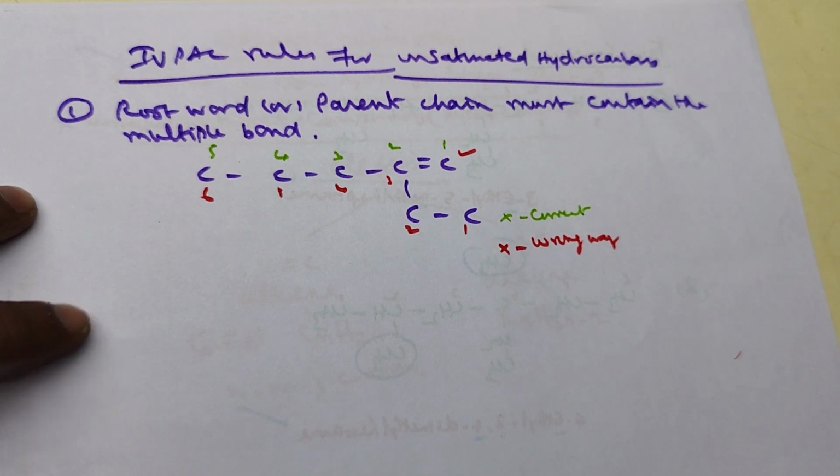While numbering the longest carbon chain, it should include the double or triple bonds.